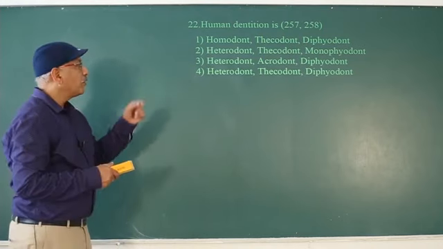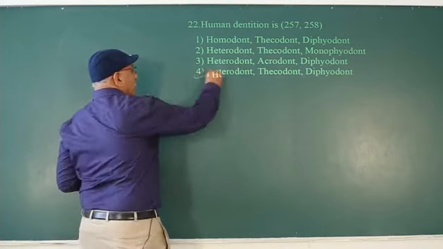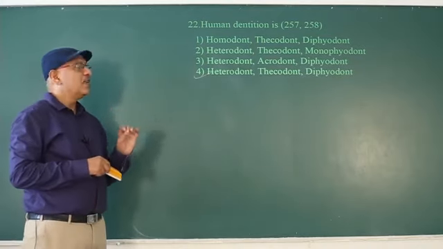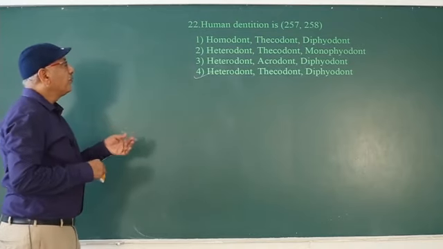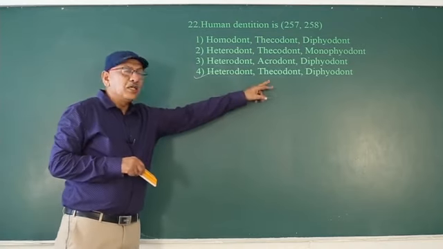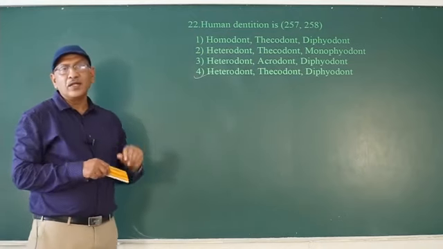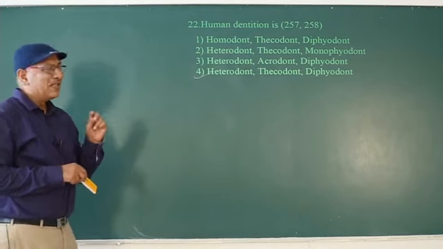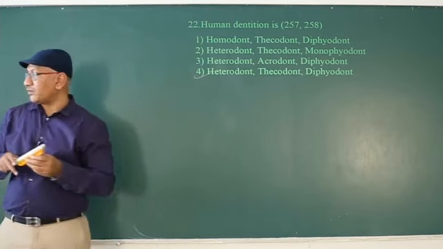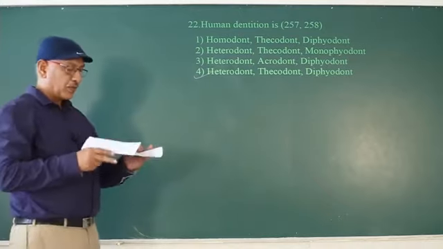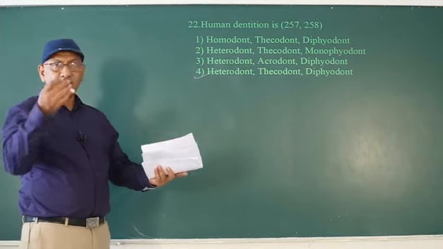In human beings, heterodont, thecodont, diphyodont type of dentition is seen. Along with human beings, thecodont dentition is also seen in crocodilia. What is thecodont? Teeth present in the socket of the jawbone.